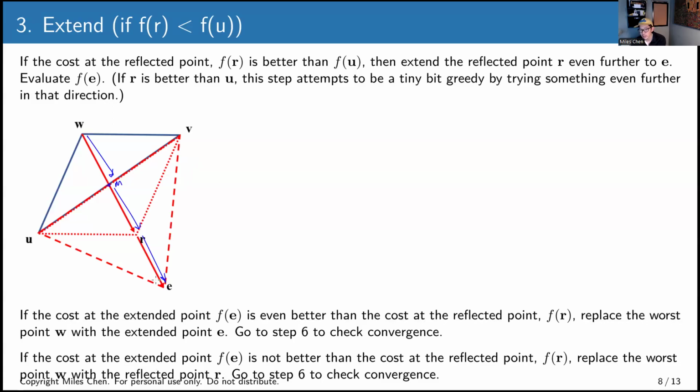However, if you extend it and that's not better, like, the reflected point is better than the extended point, then we will just take the reflected point and our new triangle will be UVR, okay? Where R is our best point and V is our worst point. So, if the reflection works, you might try extending it. Maybe you take the extended point, or maybe you don't, and you take the reflected point.